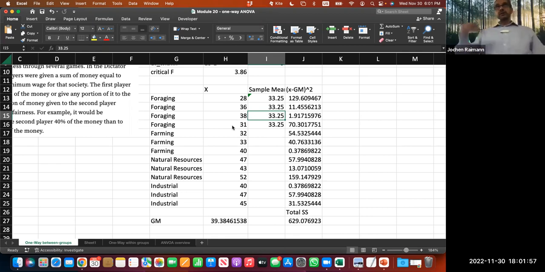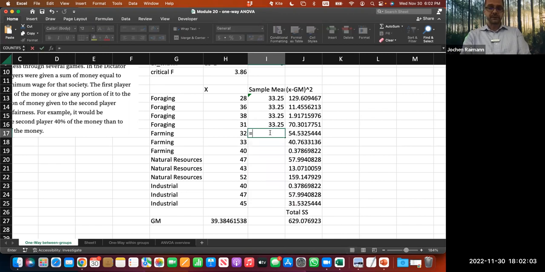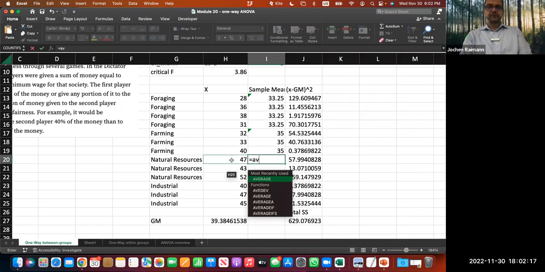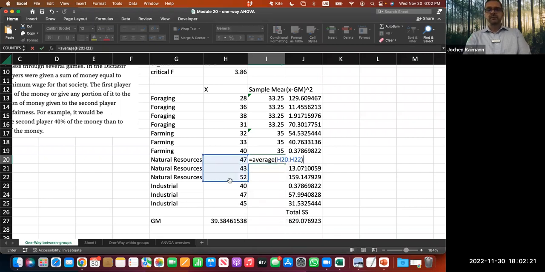So you still have the same sample size for your calculations. Calculating this for all four groups basically gets you to this point.